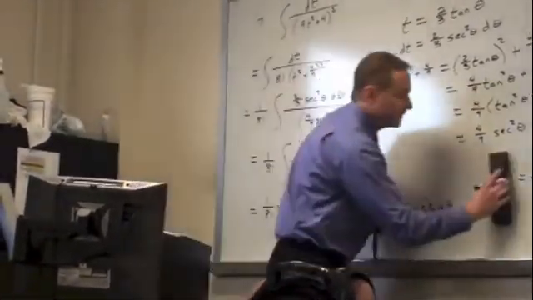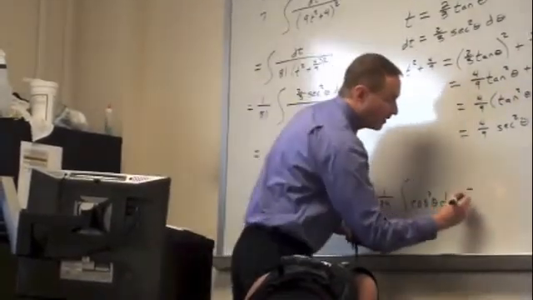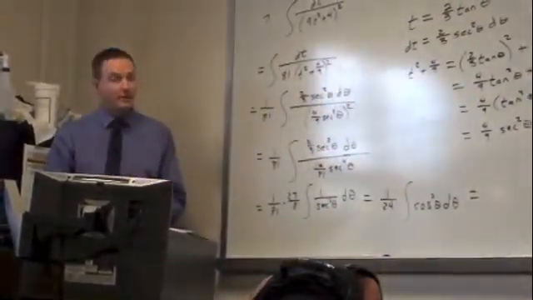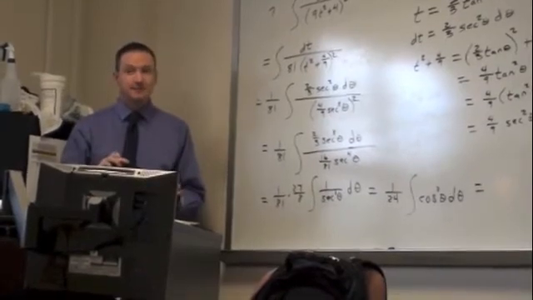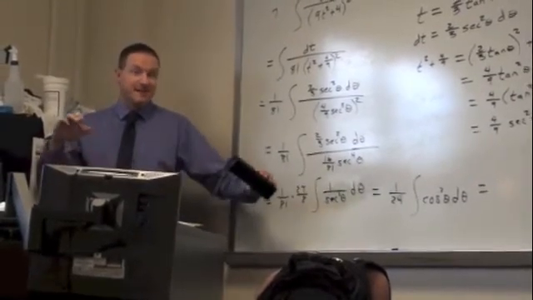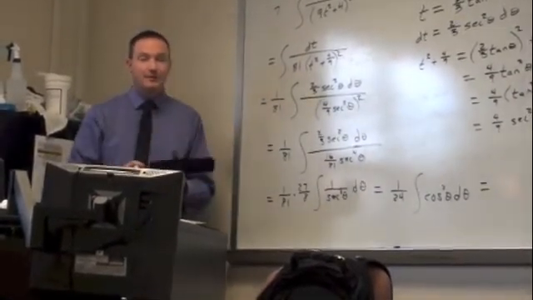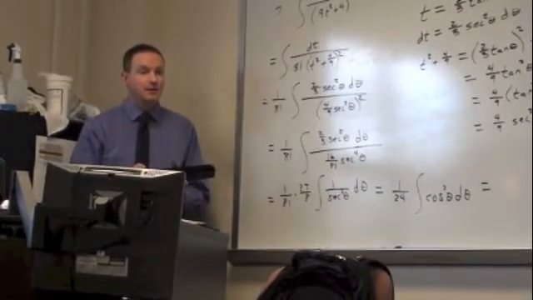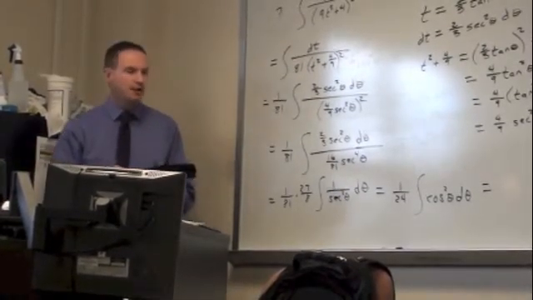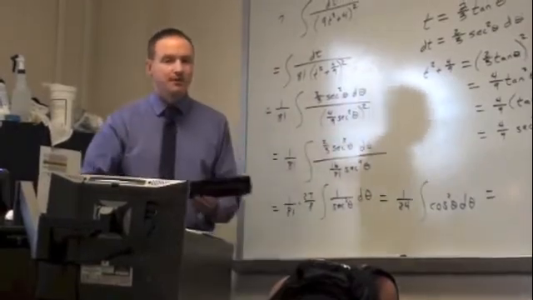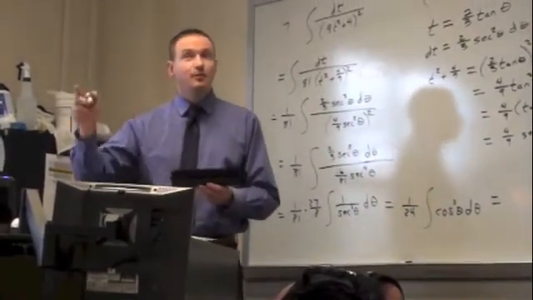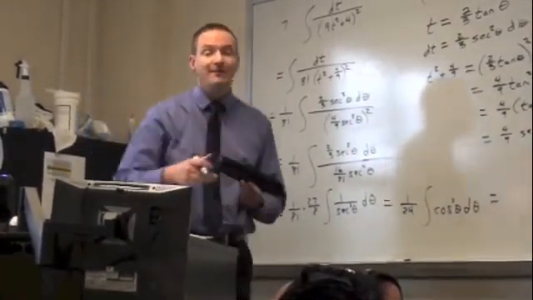I'll erase this part now. Because now, how do we integrate that from last class? Anytime you see an even power of a sine or cosine, you should be thinking power reduction. What's the power reduction? Cosine squared theta is equal to 1/2 times the group 1 plus the cosine of twice the angle.